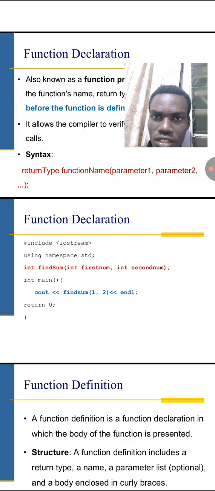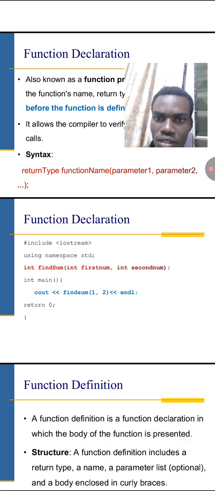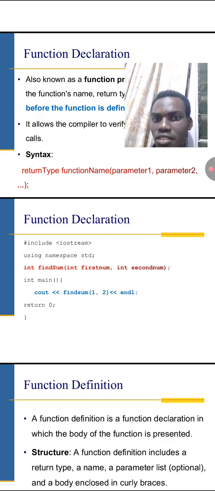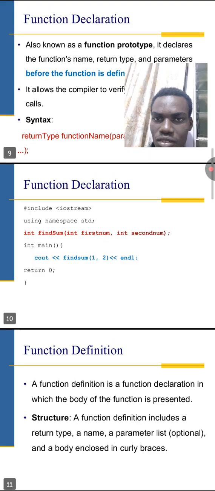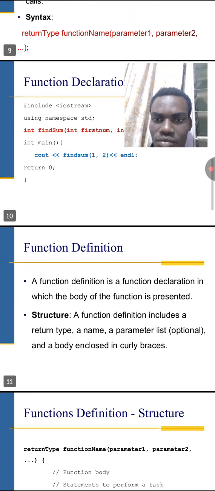We have the function name, which is findSum, and then the parameters, which are all in the brackets: int firstNum, int secondNum. So this is how we declare a function.